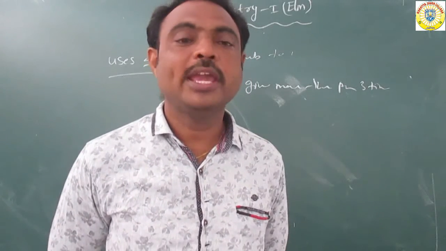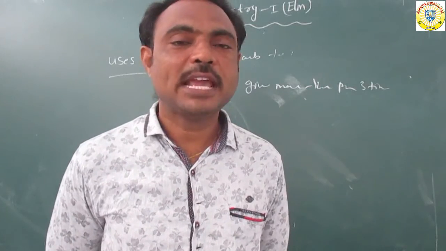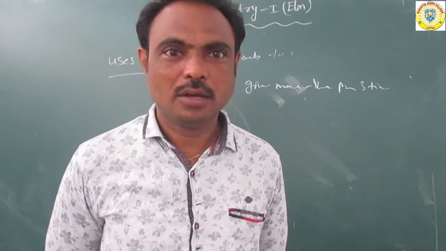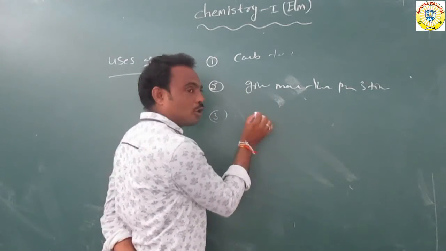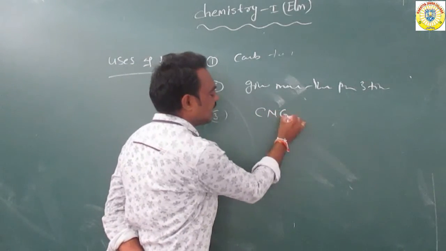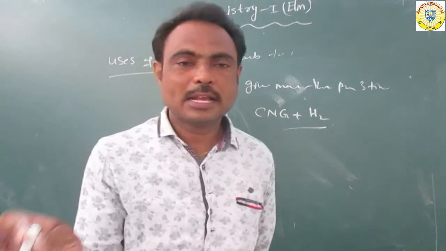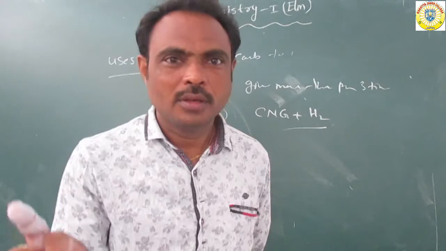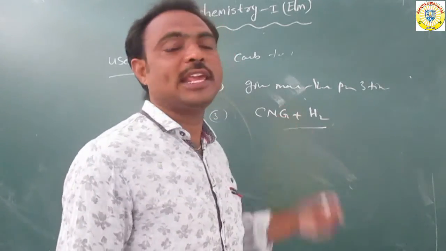Next, nowadays dihydrogen is mainly used in different types of vehicles, mainly 4-wheeler vehicles or different types of automobile fuels. That is the combination of CNG gas and dihydrogen. CNG means compressed natural gas.